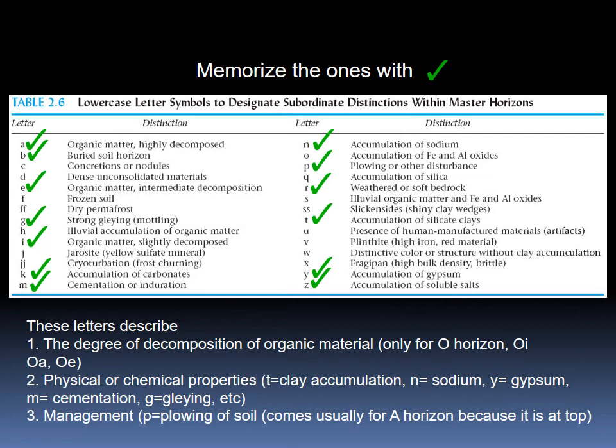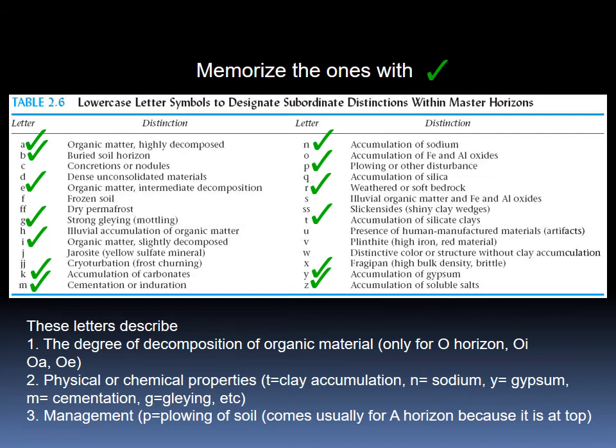It's always saturated with water, and we describe it as gleying, G. The last use of these letters can be to describe the management part. For example, if you have a horizon at the top, the topsoil, usually we plow it.